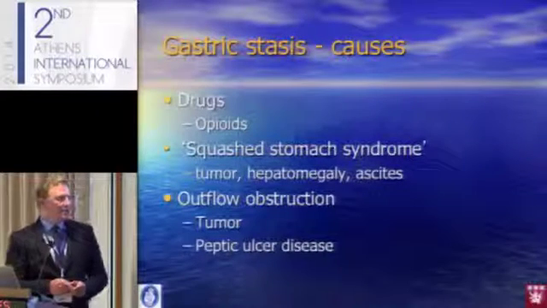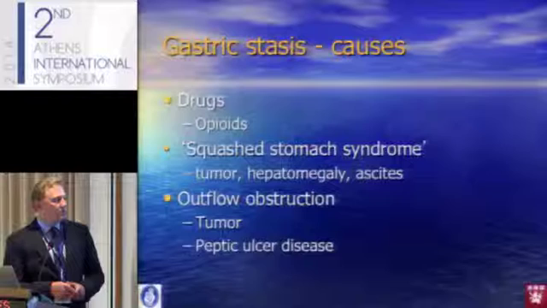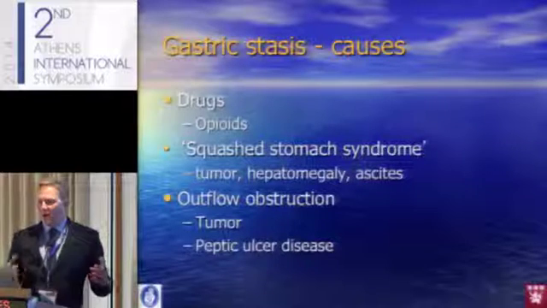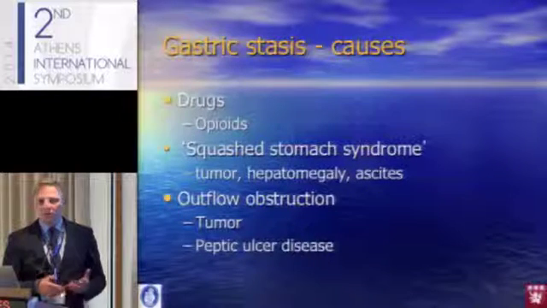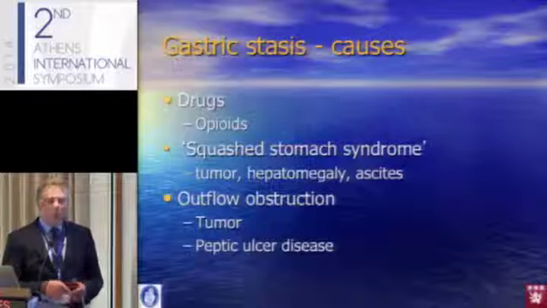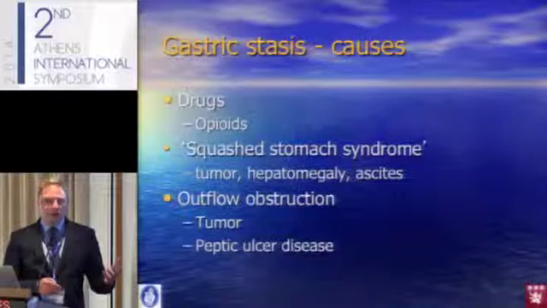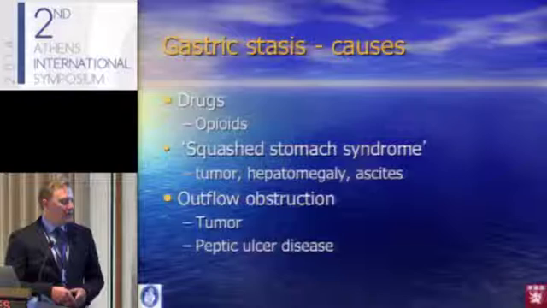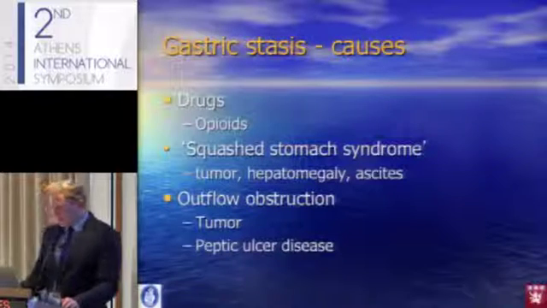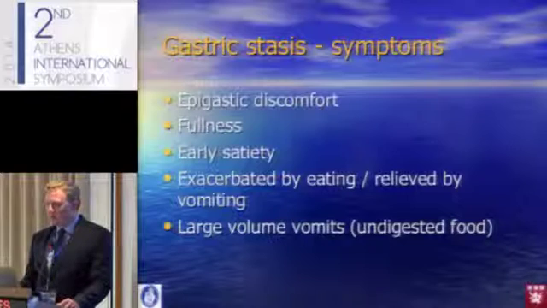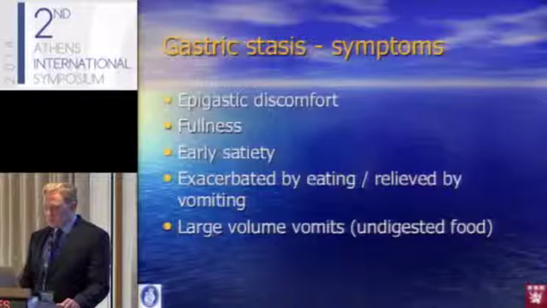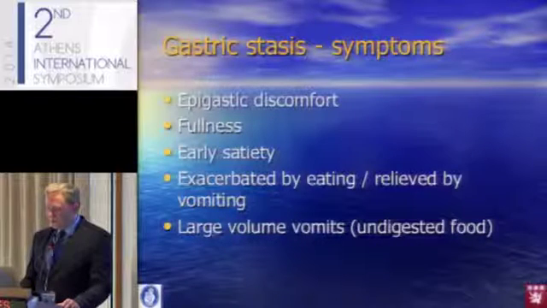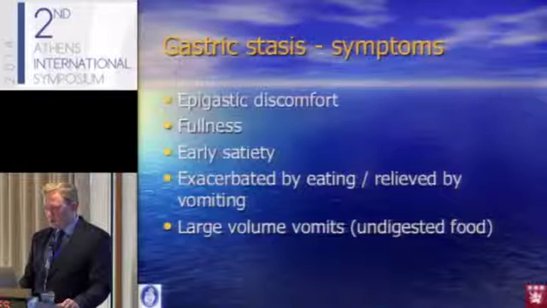Gastric stasis can be caused by drugs, most commonly opioids, or anything that compresses the stomach from the outside, such as an enlarged liver, ascites, or a tumor in the liver, or an intrinsic outflow tract obstruction, which can be peptic ulcer disease or a tumor in the stomach. The symptoms are epigastric discomfort, fullness, early satiety, exacerbated by eating and relieved by vomiting, and also most commonly large volume vomits are seen in these patients.